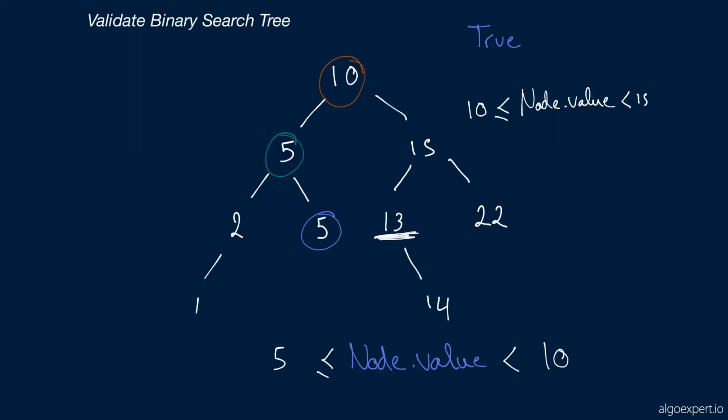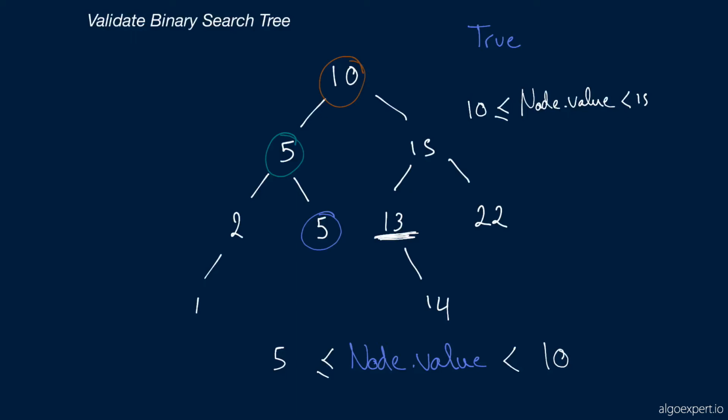So what's going to end up happening is we're going to start at this root node, this 10 node here, the node that has the value 10, and we're going to initialize the minimum value and the maximum value to be minus infinity and infinity. Because at the beginning, we can say the root node has to have a value that's between negative infinity and positive infinity.